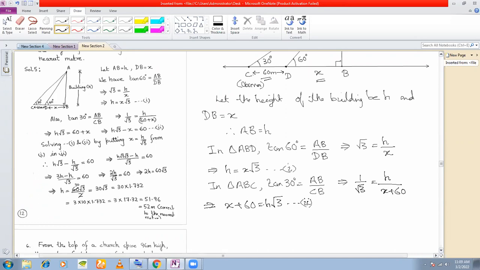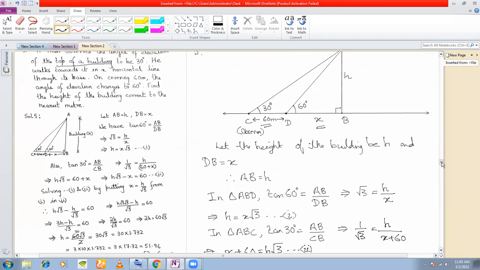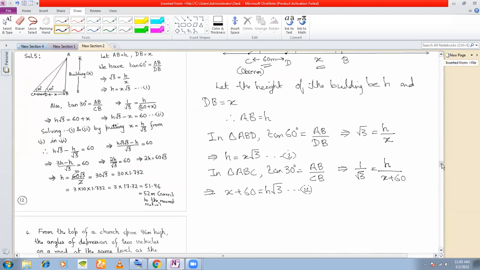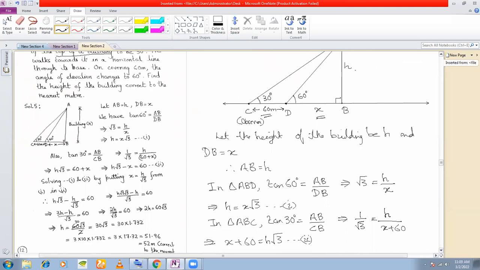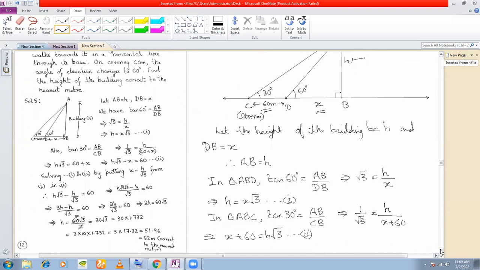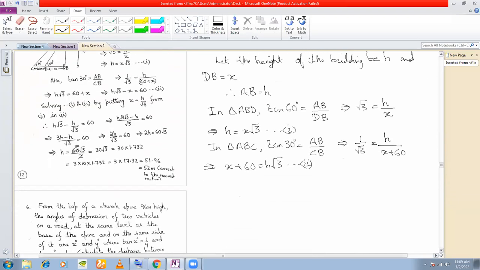Now we are going to solve equation numbers 1 and 2 simultaneously, and we are going to find out the height of the building, right? So height of the building means we are going to find out this h here. If we want to find out x between these two, we are going to remove x from these two, right? So from 1, h is equal to x root 3.